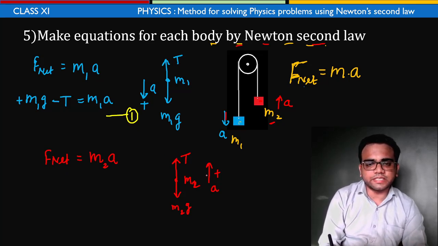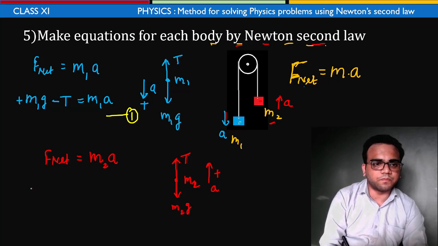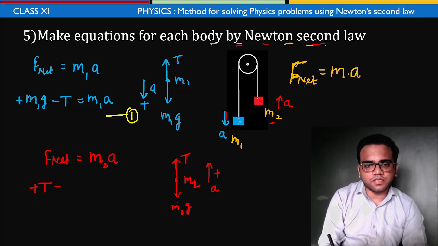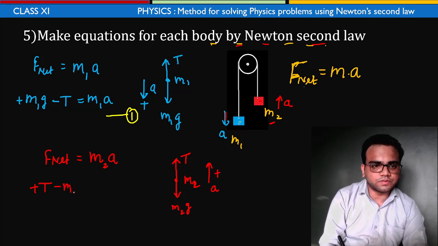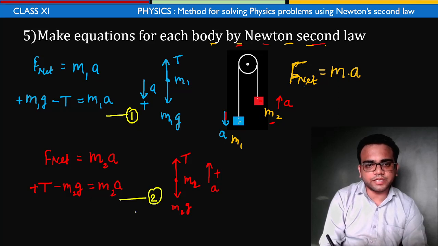The positive direction in this case is upward, that's why we write positive T minus M2G, since M2G is downward and the positive direction is upward. Minus M2G is equal to M2A, and this is our second equation.